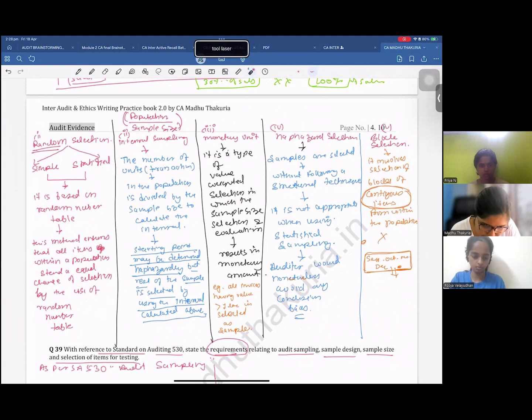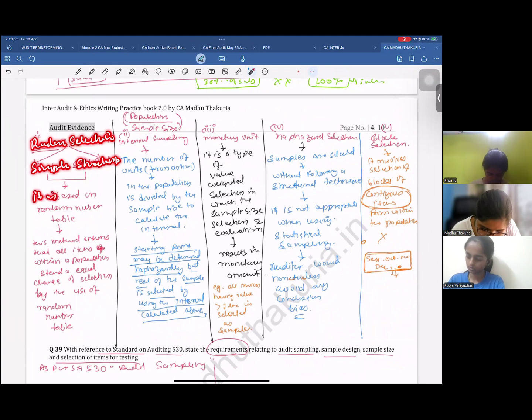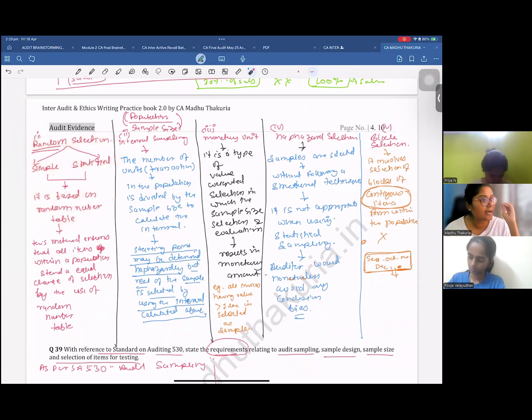First one is random selection. Under random selection, you have both simple and stratified. Now, it is based on random number table. Both random selection methods are actually based on a random number table.